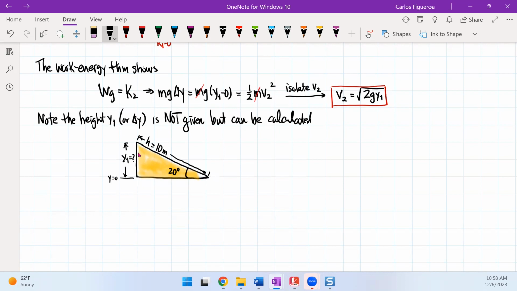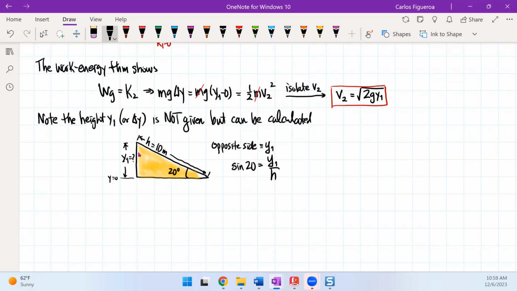Now note that this angle is the opposite angle, so this is the opposite side that we want to calculate. I could then say that the sine of 20 degrees is going to be y1 divided by h, the hypotenuse.